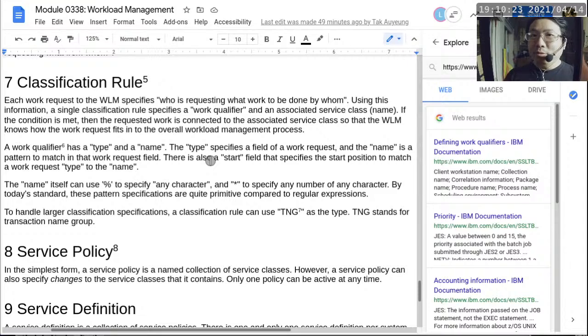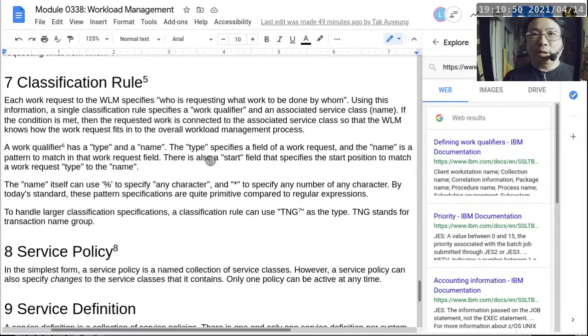But you can also use other ways to qualify a particular connection to a service class. We just used the name of the client. We just used the name of the food item that is being ordered. So you can think of some other stuff, right? Let's say the number of people in the party.